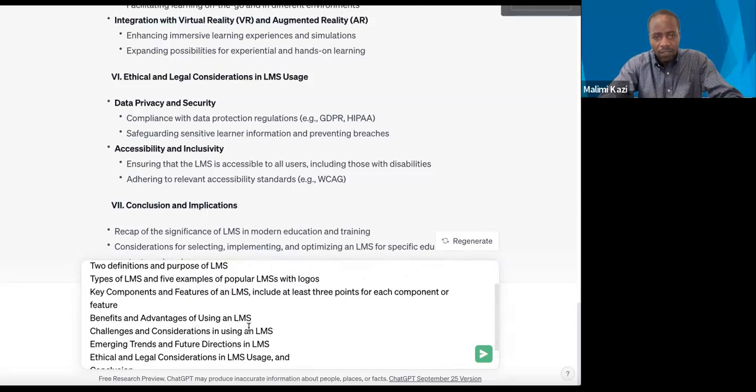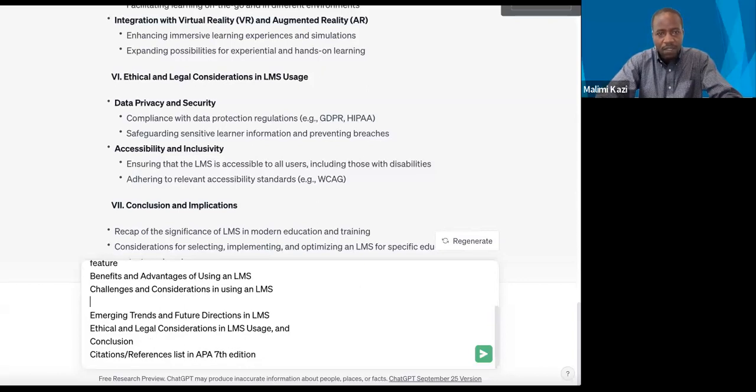This will be things to consider when selecting learning management system.